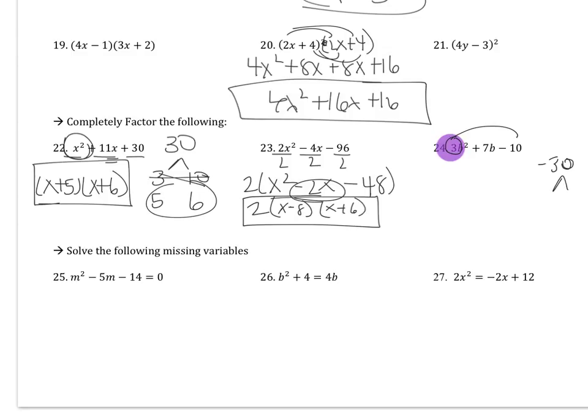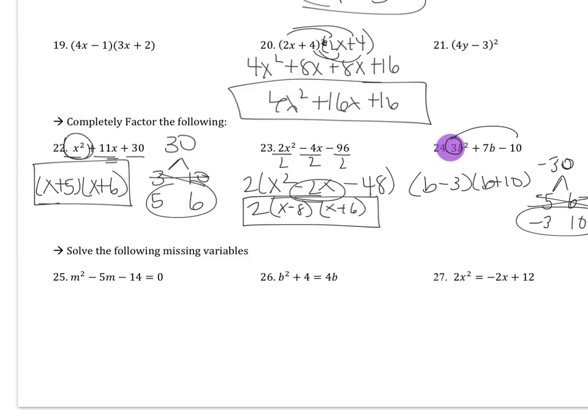Factors of negative 30 that make 7. So I have negative 5 and 6. Add them up. That doesn't make negative 7. I have negative 3 and 10. Negative 3 plus 10, well, that's 7. I'm done. So, b minus 3, b plus 10.